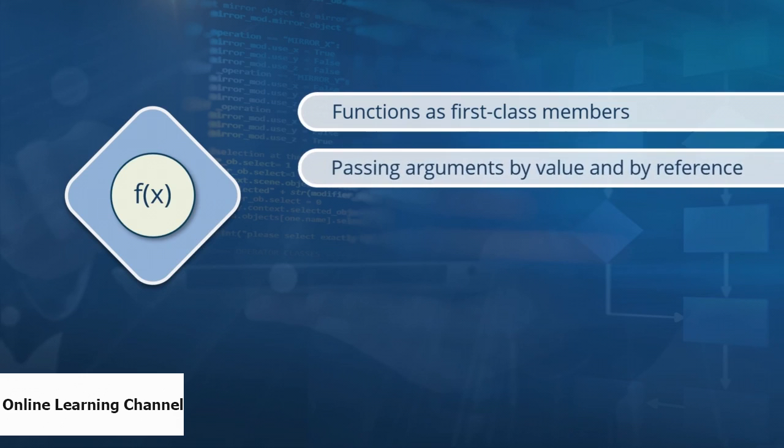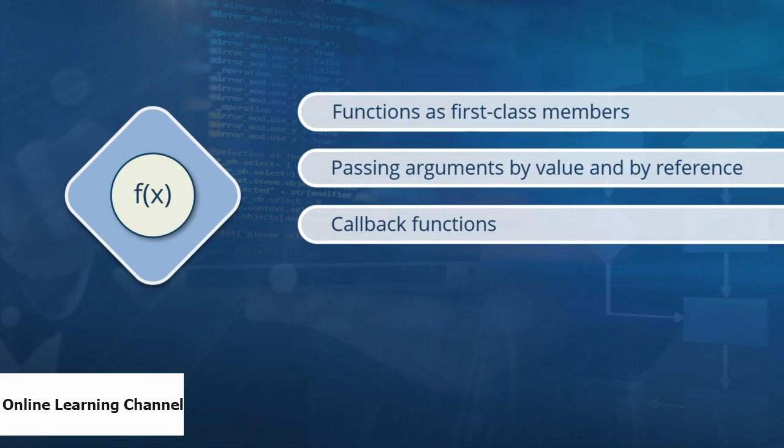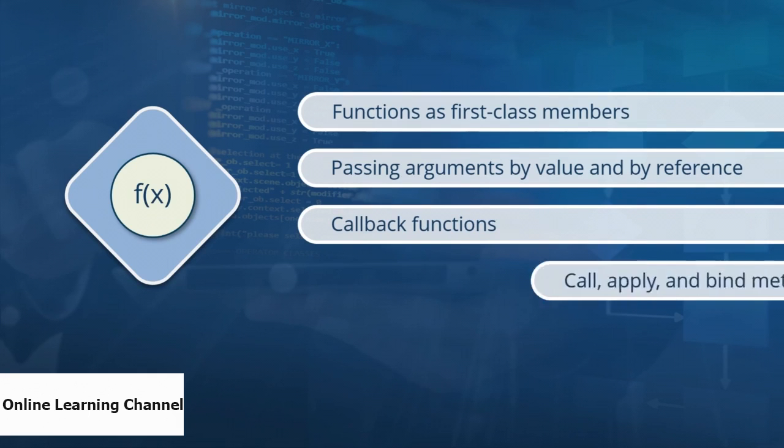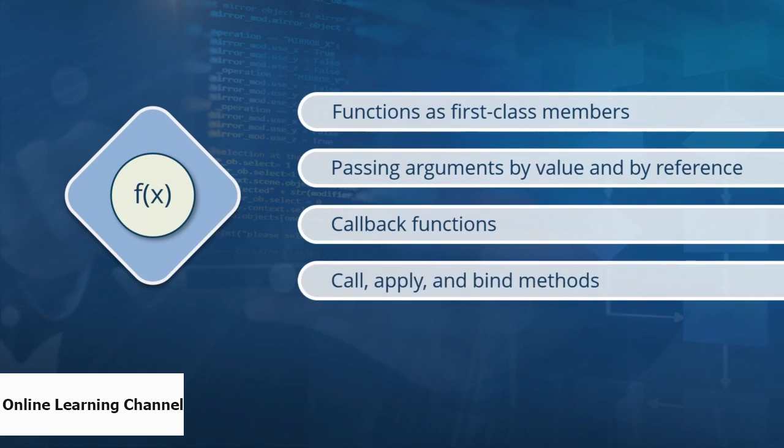We also looked at how data is passed by value or by reference to JavaScript functions. We then went on to implement callbacks in order to execute functions in a sequence. And finally, we invoked a function's call, apply, and bind methods in order to link a function call to a specific object.